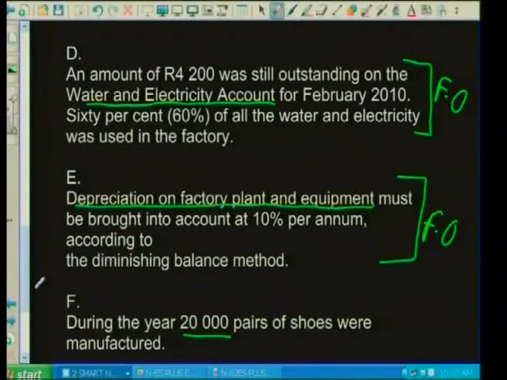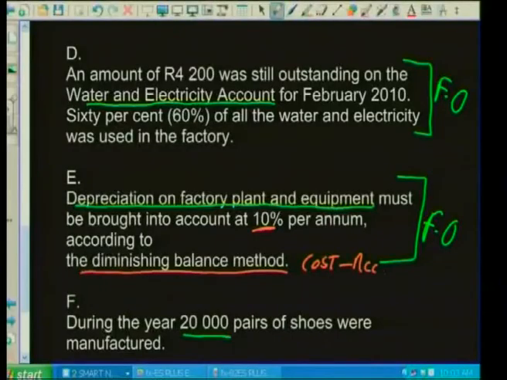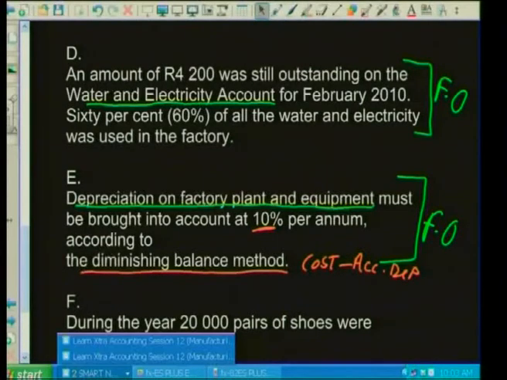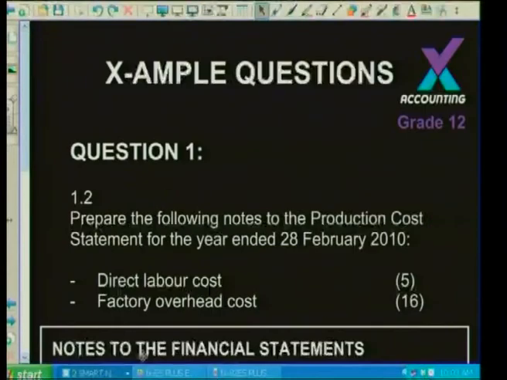Depreciation on factory plant and equipment must be brought into account at 10% per annum according to the diminishing balance method. Remember guys, diminishing balance method, you learned this in grade 10, is my cost minus my accumulated depreciation. Right, taking all of this information into account, let's now calculate our depreciation.